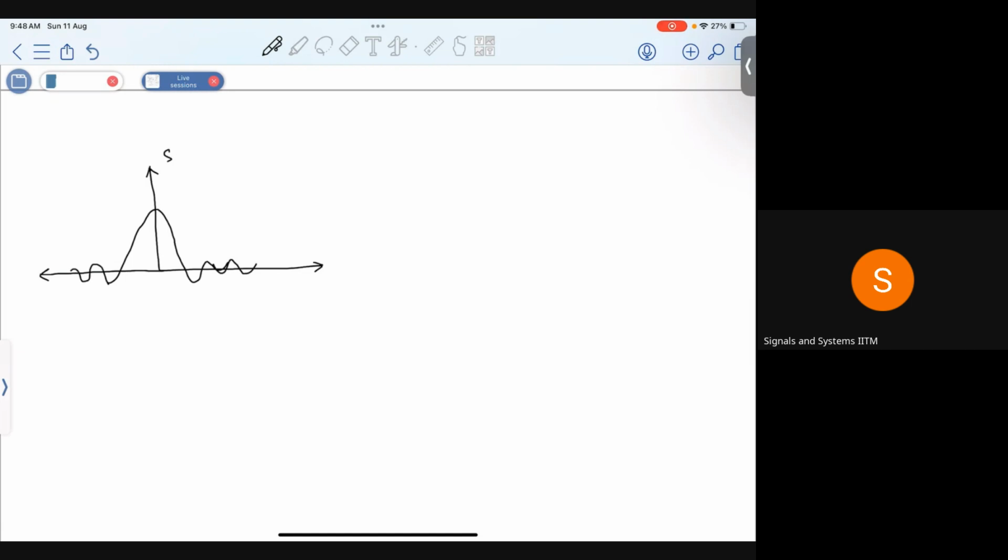Okay, so this is the sinc function. We all know that the sinc function's frequency domain representation is a rectangular signal, right? If I'm not wrong, this was proved in your lecture video.